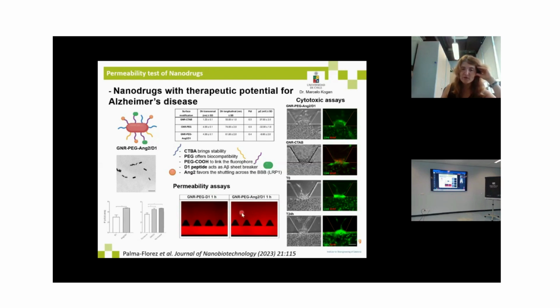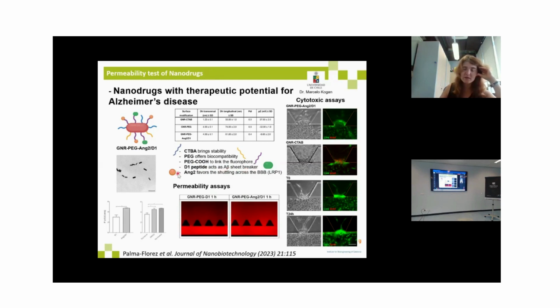It's almost double the permeation of this drug thanks to this peptide. So this peptide can cross the barrier very efficiently, and in another paper we have proved the efficiency of this D1 peptide for blocking the formation of these amyloid fibrils.